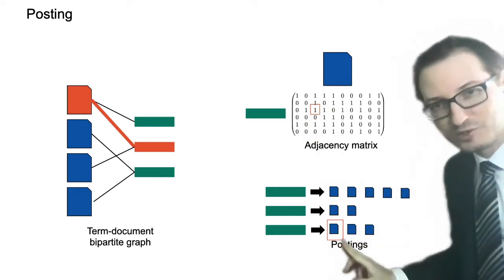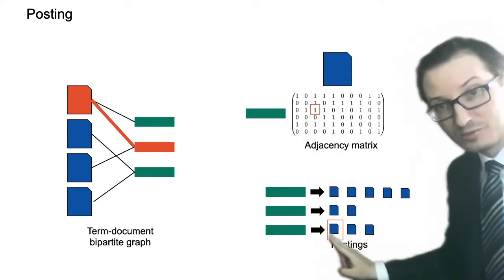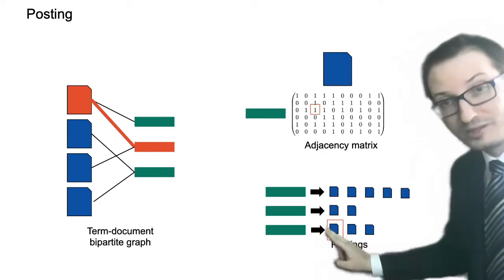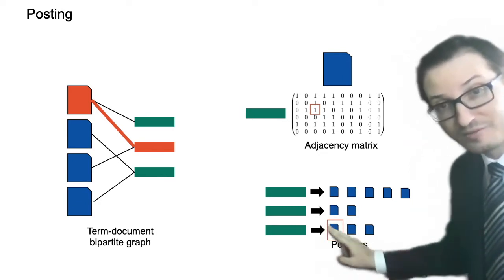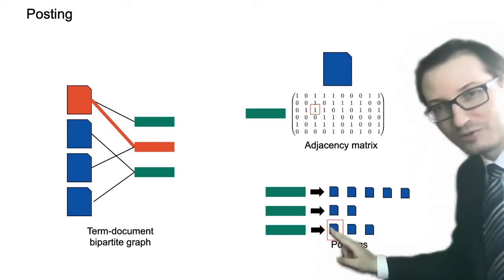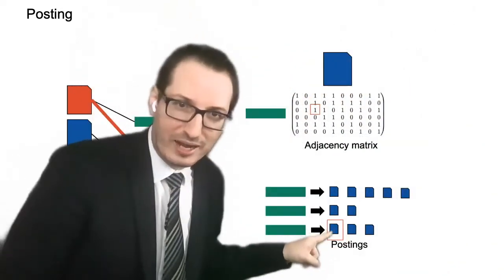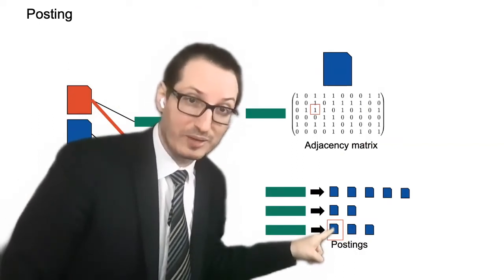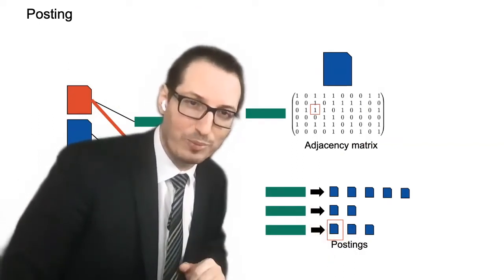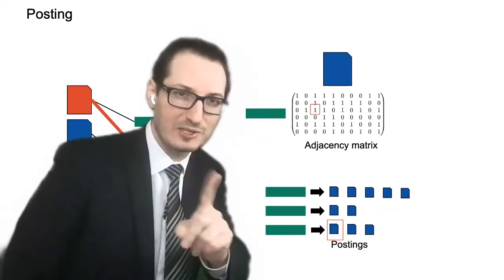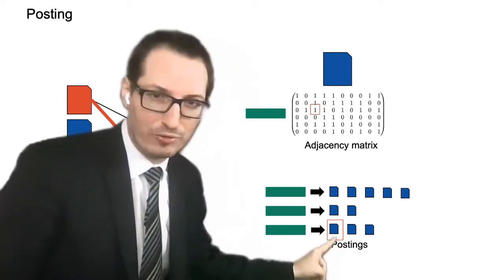And in here, this is where it's tricky. This is one posting. It's one entry in the linked lists that we have here. This is a linked list. It's one entry. Why did I say it's tricky? Because if this is what you look at, what you see here is a document. So it could look like, okay, a posting is a document. No. A posting is a document and a term, but the term is right there.